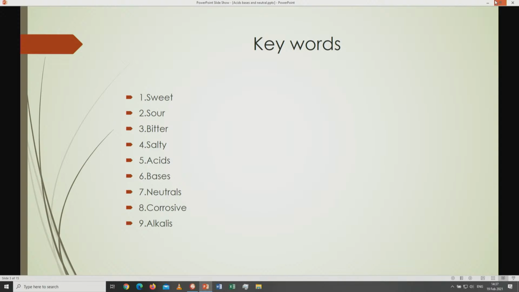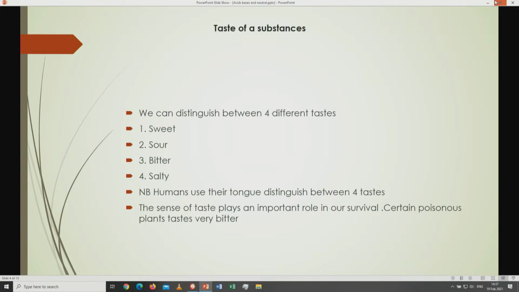They are so important when we are dealing with acids, bases and the neutrals. I also talked about the taste of a substance. We can distinguish between 4 different tastes, either sweet, sour, bitter, or salty. Humans use their tongue to distinguish between the 4 tastes. The sense of taste plays an important role in our survival.